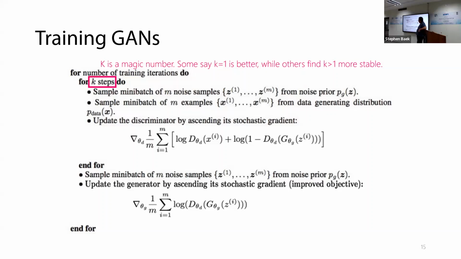It's the same thing. You don't want to update the discriminator too fast, because in that case the discriminator is too good, and the generator will never get any compliment, any positive feedback. The generator will always get almost no useful feedback. It's basically just saying to the generator, oh, you're wrong, you're wrong, you're wrong, you're doing it wrong, right?